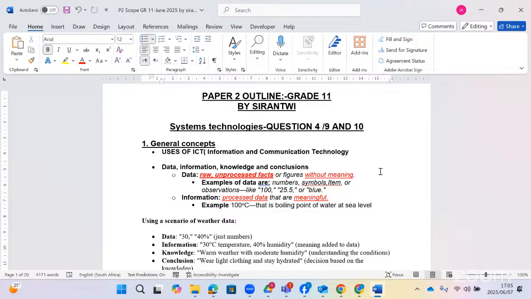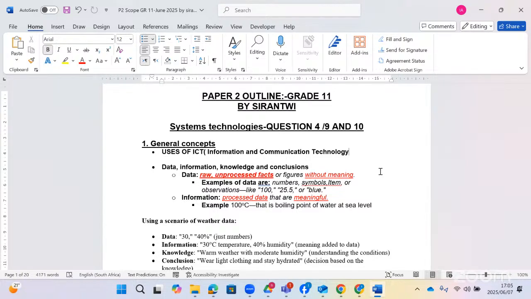If you say 25.5 or blue or yellow, all these are just data. But the moment that data has been processed and then it becomes meaningful, then we call it information. Example is 100 degrees Celsius. That's the boiling point of water at sea level. So that one has a meaning. So it becomes what we call the information.